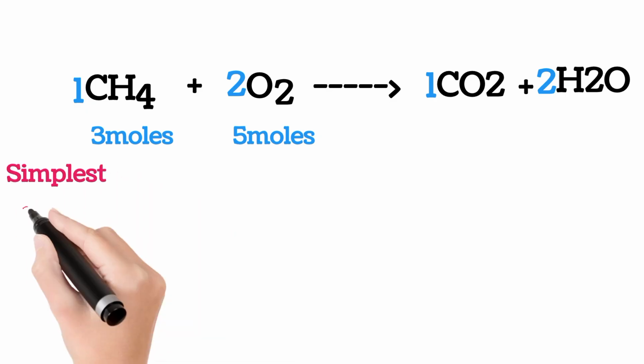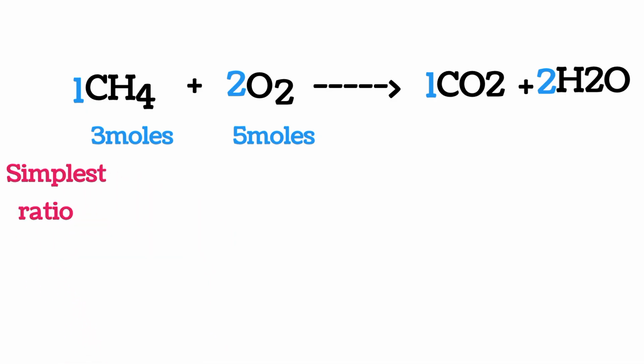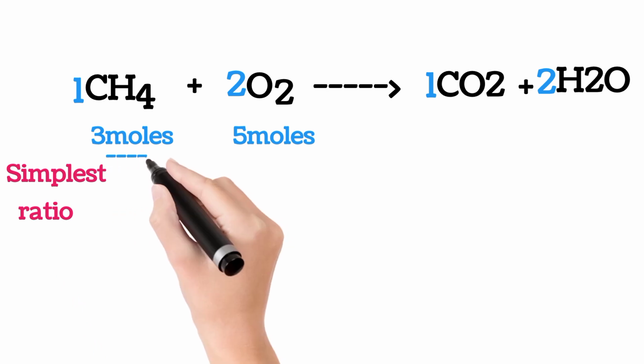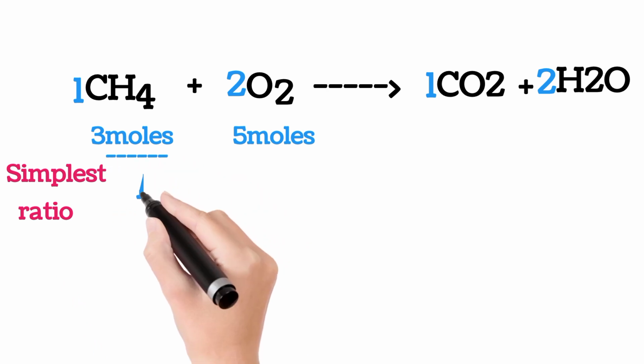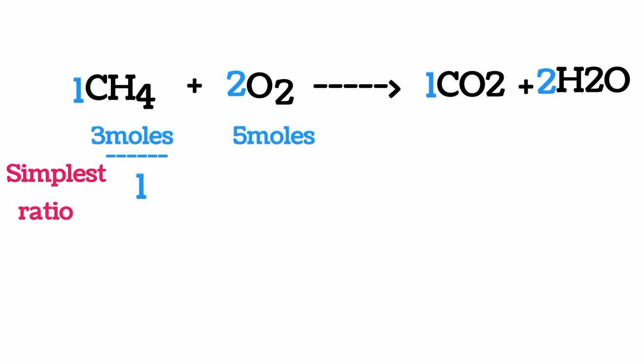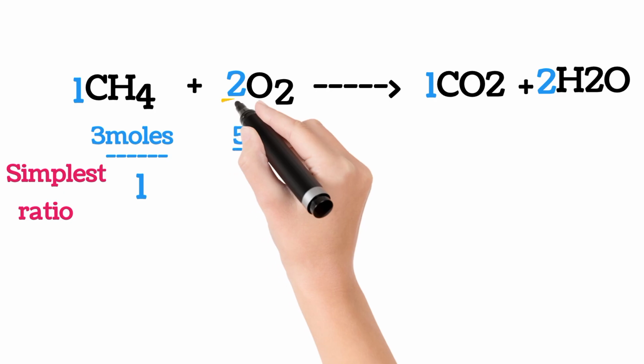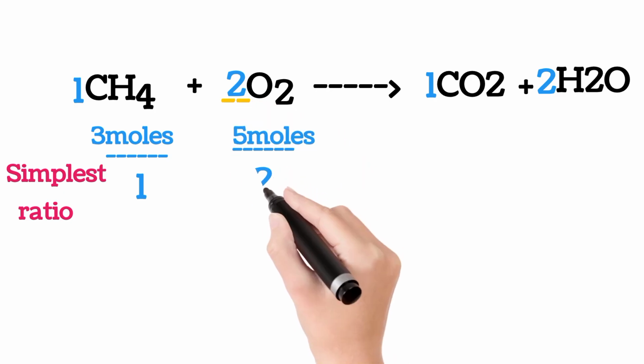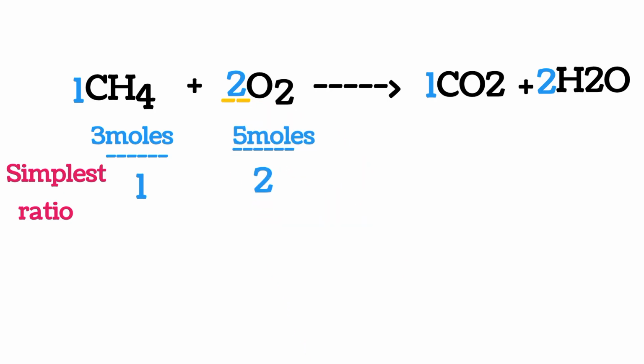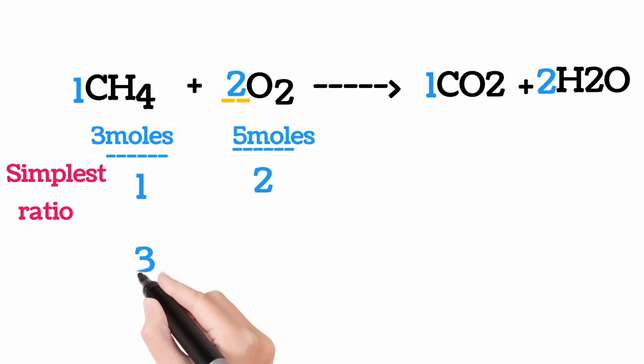So we'll find the simplest ratio by dividing the given moles by the coefficient of the reactants. So we're going to have 3 moles of methane divided by 1, and then 5 moles of oxygen divided by 2, which is the coefficient of oxygen in the balanced equation.